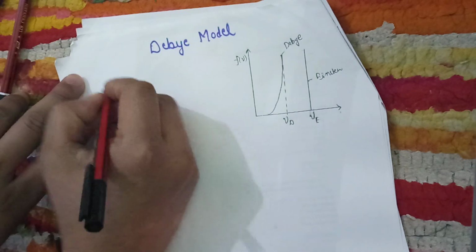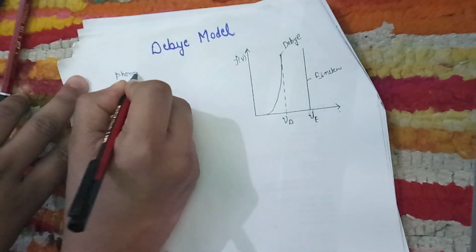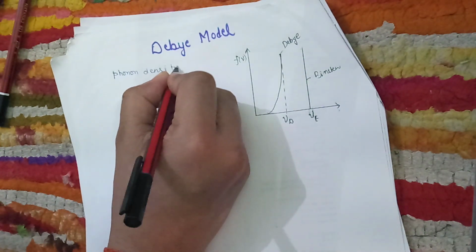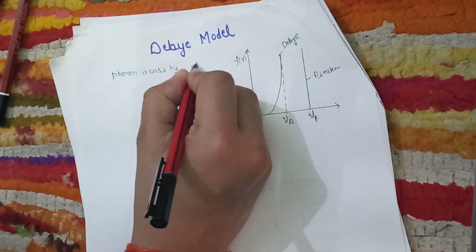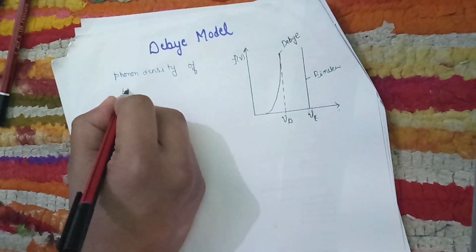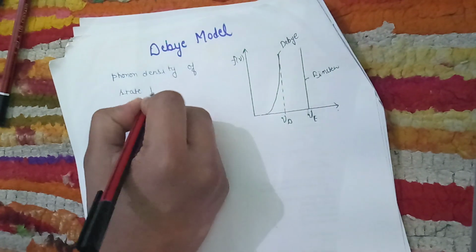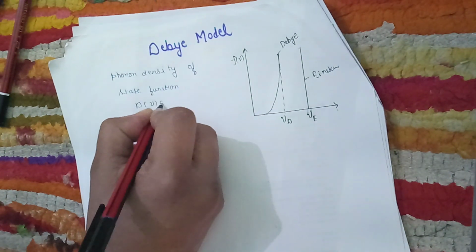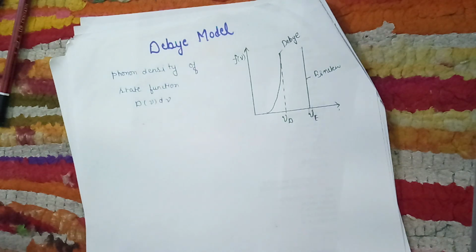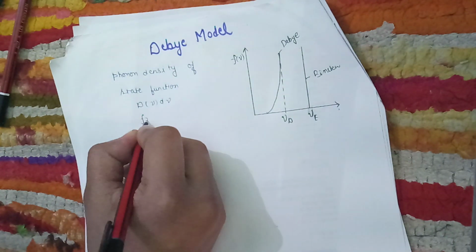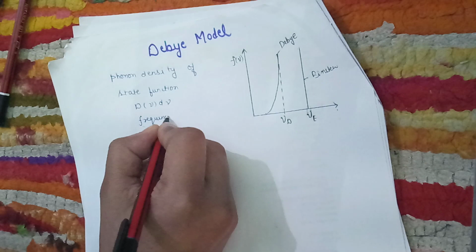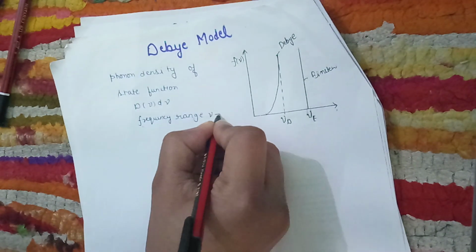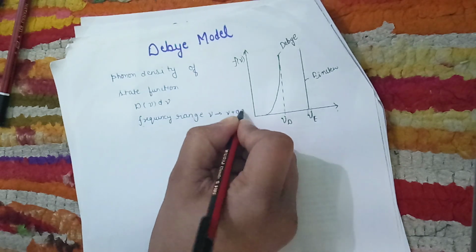First, we know that the phonon density d nu in the frequency range nu to nu plus d nu.